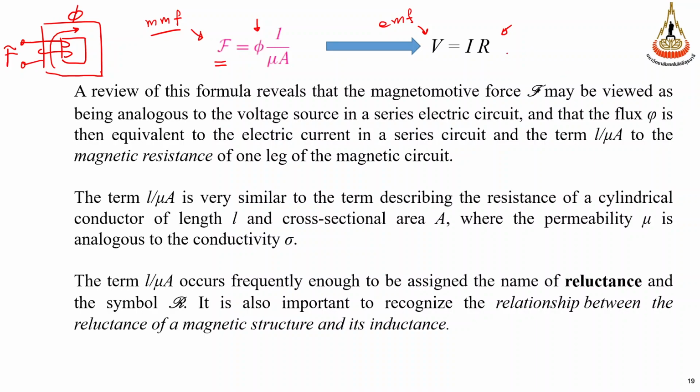In the electric case, we have voltage to drive the current with a resistance of R. Here the resistance of the flux path is L by mu A. And what is the resistance in electricity?